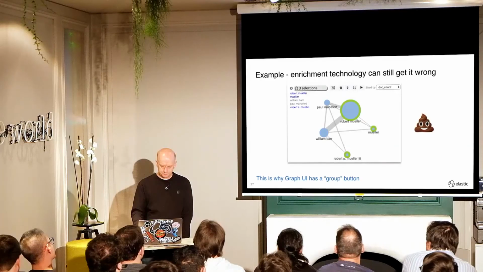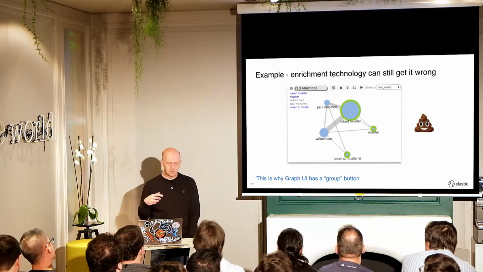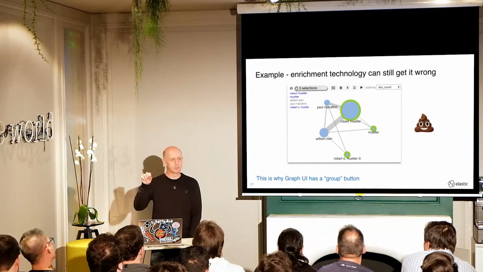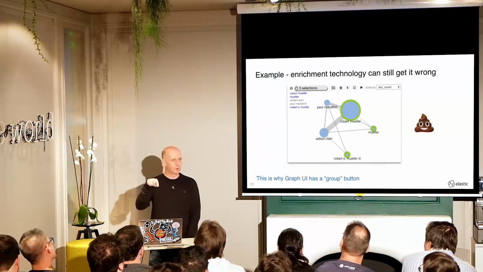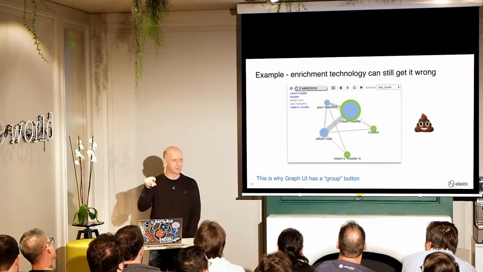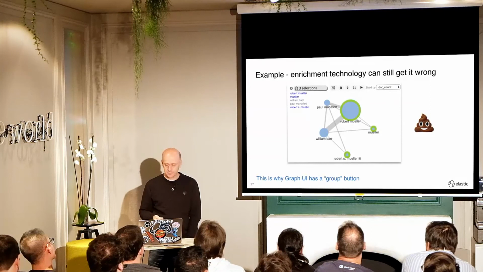And that's where we as humans have to step in and try and make up for that lack of understanding in the world. So in the graph user interface, there's actually a grouping button. So you can say, take these three things and make them one, and then it will just draw one line between Bill Barr and the various different Robert Muellers that are there.